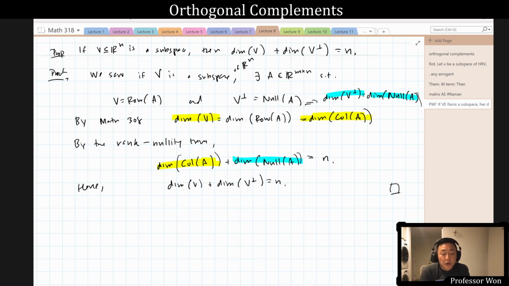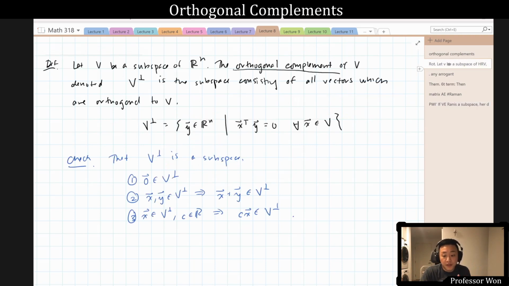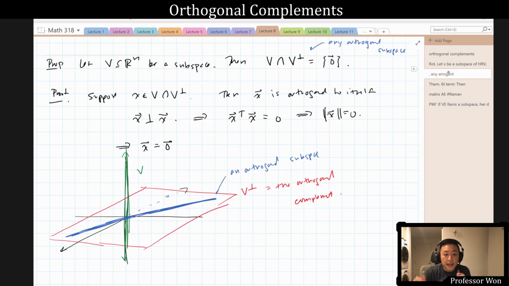Okay, so what have we just seen? If you take any subspace you want, and you take its orthogonal complement, then the dimensions sum up to the dimension of the whole vector space. We also saw a little bit ago that they intersect only at the origin.